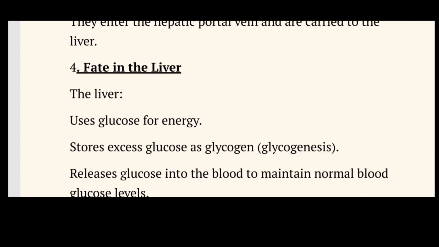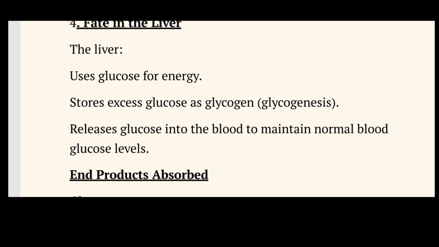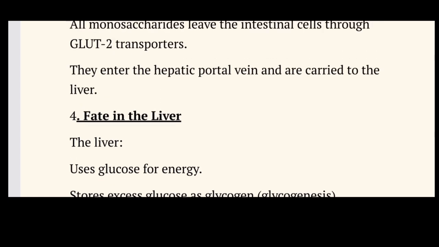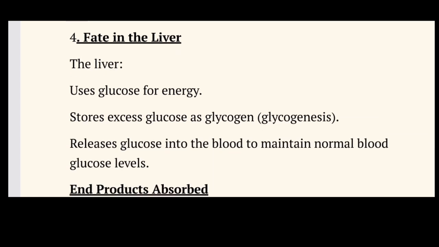In the liver, the liver uses glucose for energy and stores excess glucose as glycogen. After digestion and absorption, what happens to the end product of the carbohydrates? The liver uses glucose for energy.